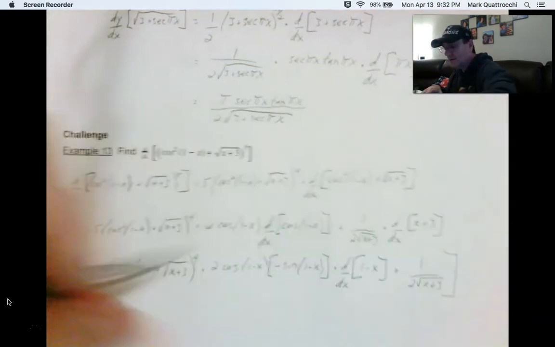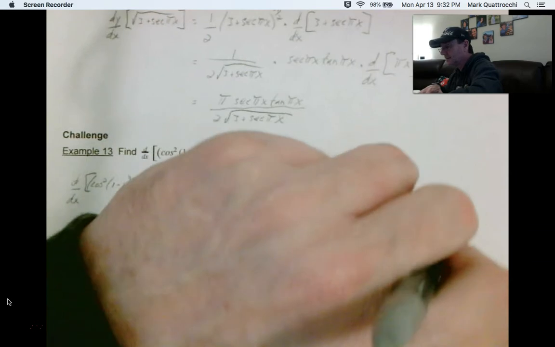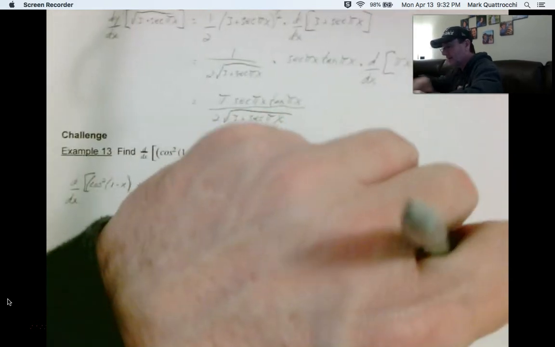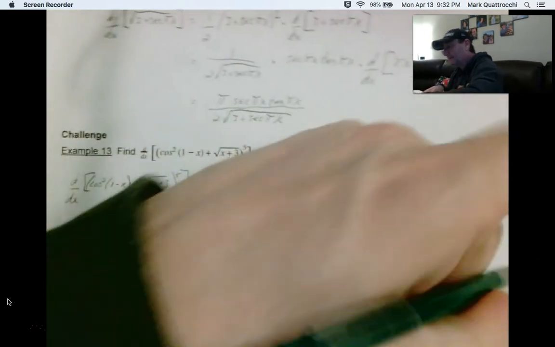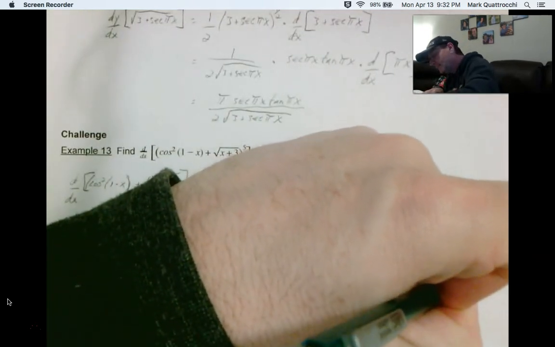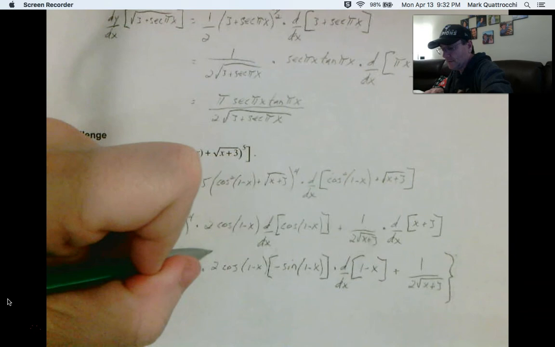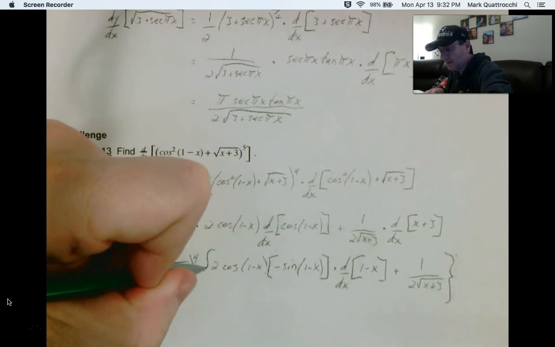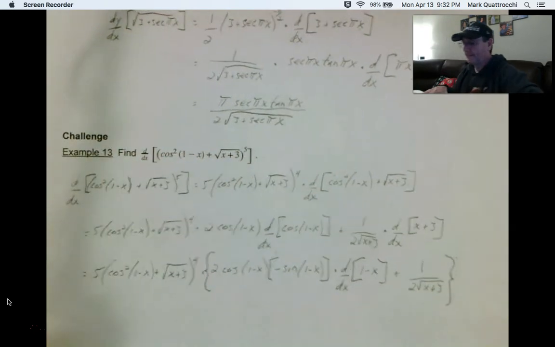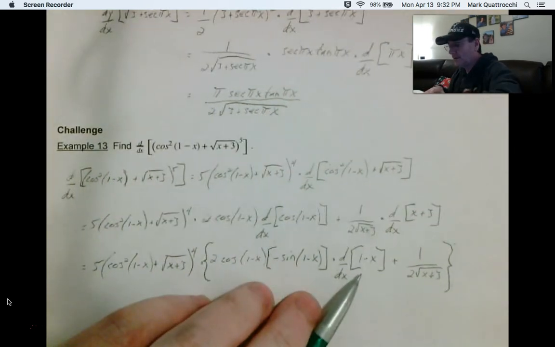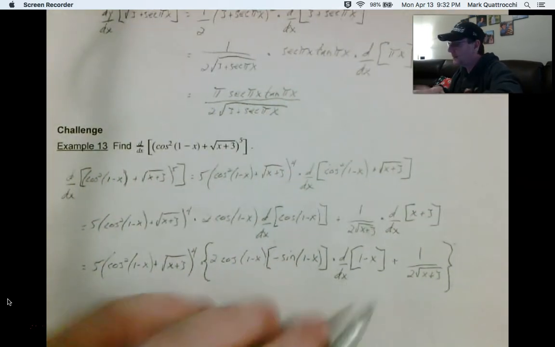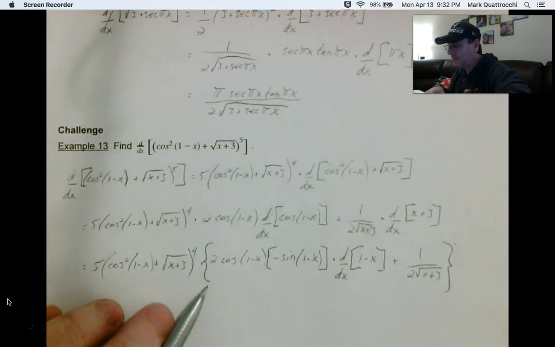This, I'm going to make fancy brackets this time, is all being multiplied there. Okay, so we have one more derivative to take, and then maybe a little bit of cleaning up to do.